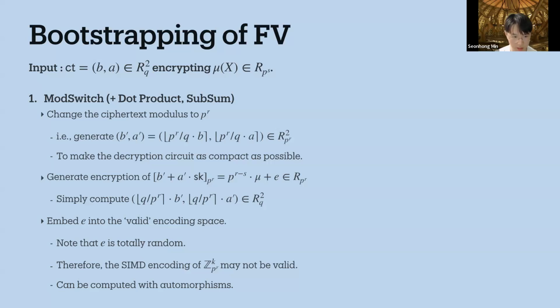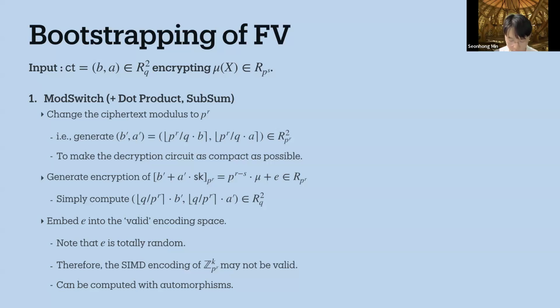And then we generate an encryption of the noisy encoding of mu, P to the R minus S times mu plus E, by putting the ciphertext into the message part of a new ciphertext. And then we need to embed the noise into the valid encoding space, because usually the error polynomial E is a random polynomial, so it may not be in a valid encoding space.